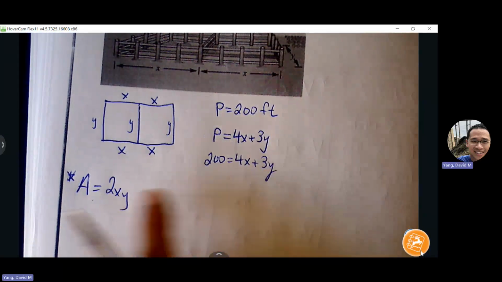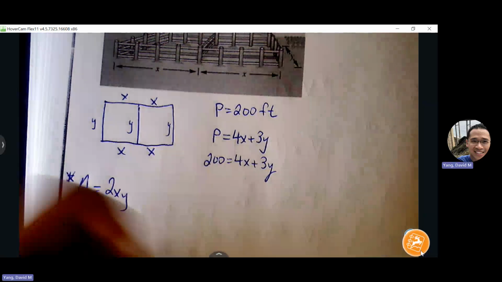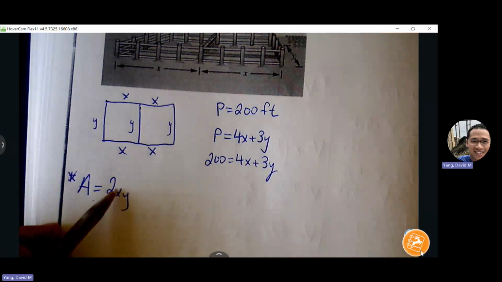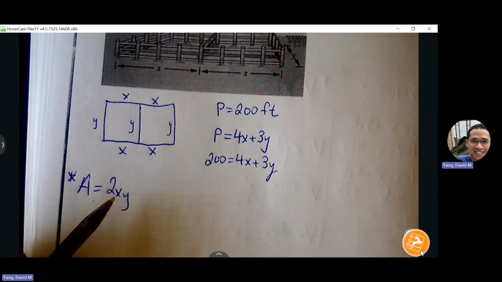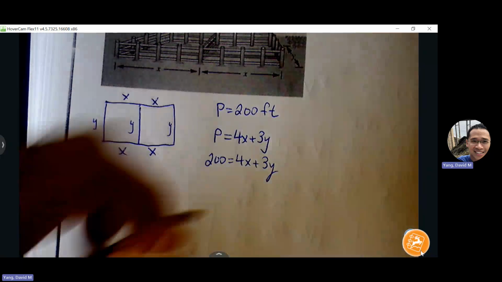Is there one variable that's easier to solve than the other one? About the same, right? If they're about the same, I typically like to keep my x's. It's just more familiar to me, but it really doesn't matter. So I'm going to solve for y here, so I can replace y in terms of x.